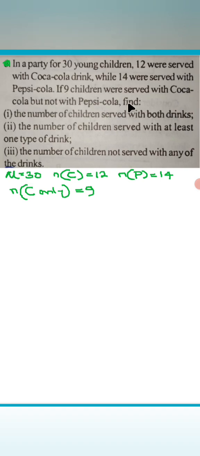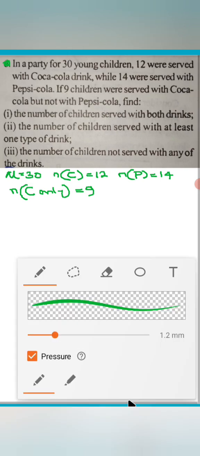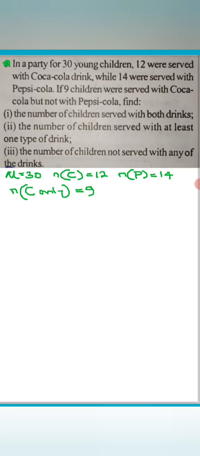So let's just draw the Venn diagram for this problem right here.